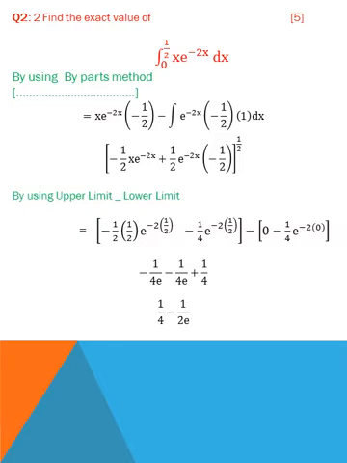When you are using the by parts method, you will remember that we use integration and derivation together. So I strongly recommend that you integrate the function and write the variable as it is, then write the integrated function as it is and take the derivative of the variable.